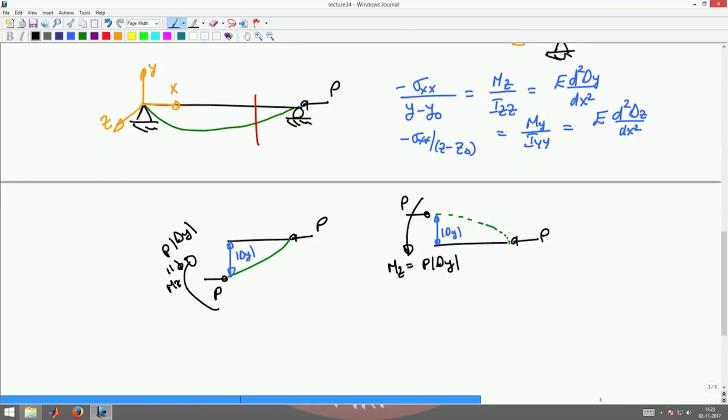Okay. Now going back to this bending equation in here, I now found Mz for this system, so I use that equation to find delta y. So what is the equation I have? I have Mz is E times Izz d square delta y by dx square, which is nothing but P times absolute value of delta y.